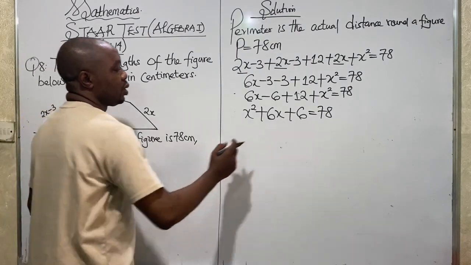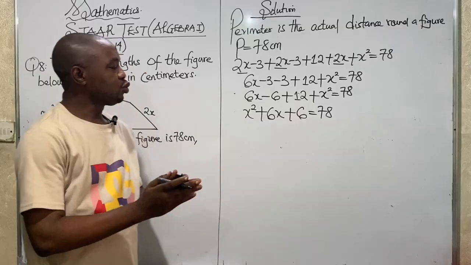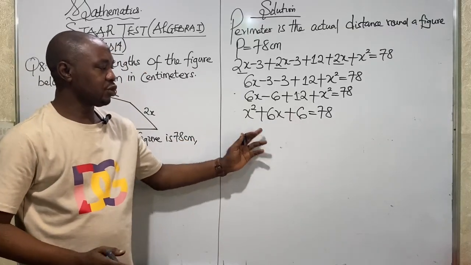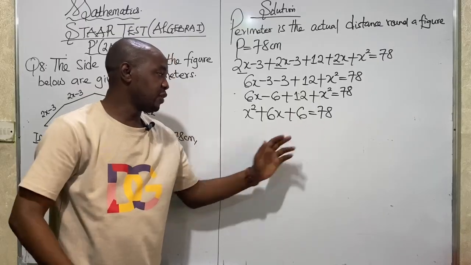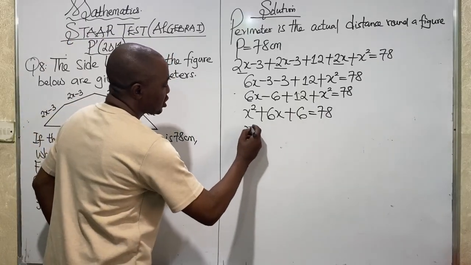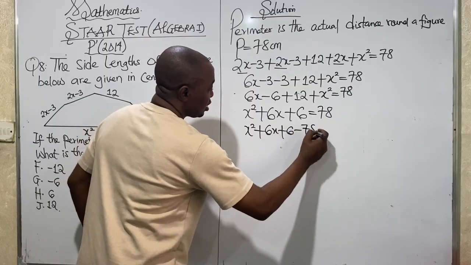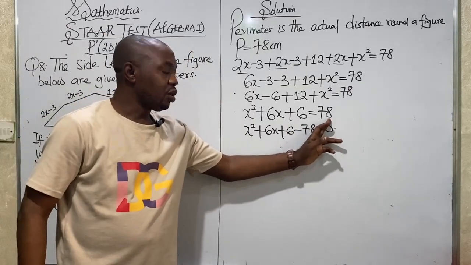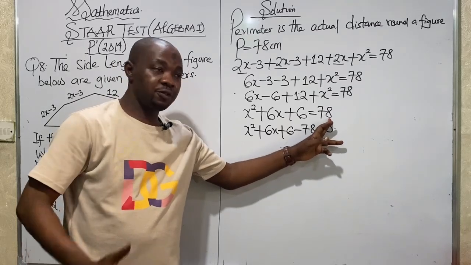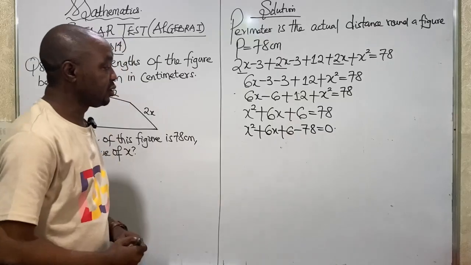Now because this is a quadratic equation, to be able to solve it, I'll have to move 78 from the right hand side to the left hand side. So this will be x squared plus 6x plus 6 minus 78 equals 0. When we move positive 78 from the right hand side to the left hand side, it becomes negative 78.